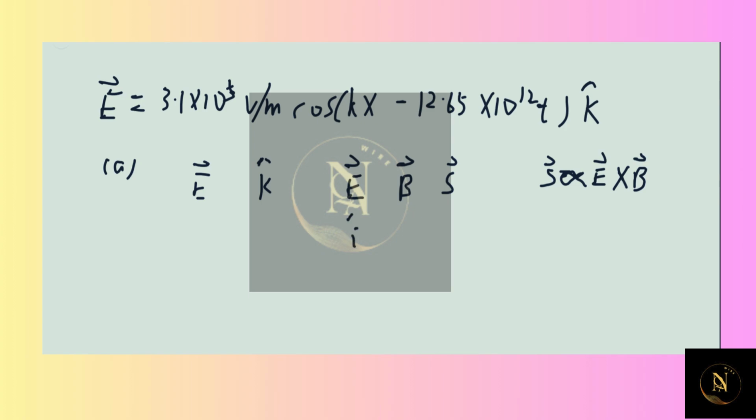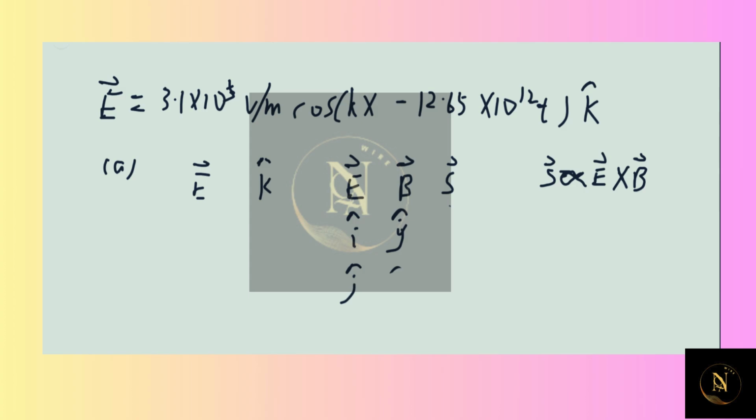For example, if E is along the I direction, then B is along the J direction, and S is along the K direction. And if E is along the J direction, then B is along the K direction.